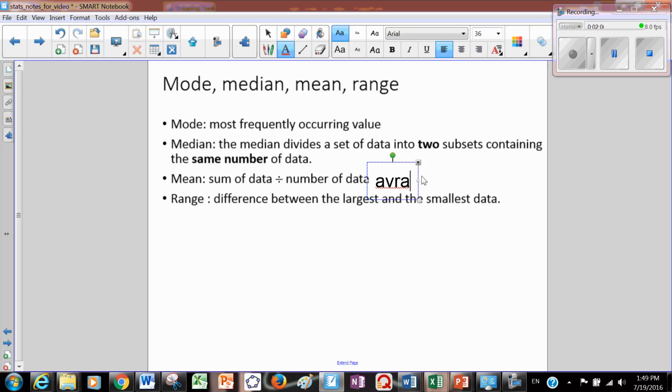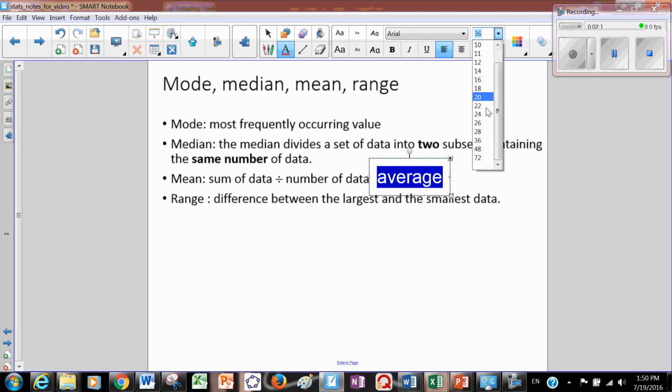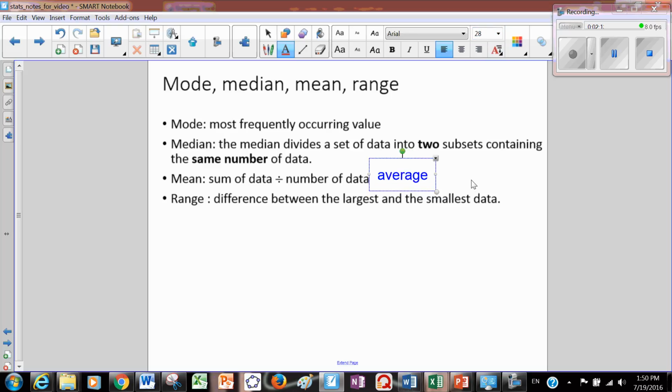If you know what the average is, it's the same thing. And I think you're good with average because you want to calculate your mark most of the time, right? And the range is the difference between the largest and the smallest data. That's just a quick calculation. You should be okay to remember that one.